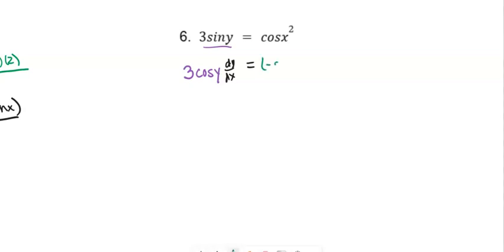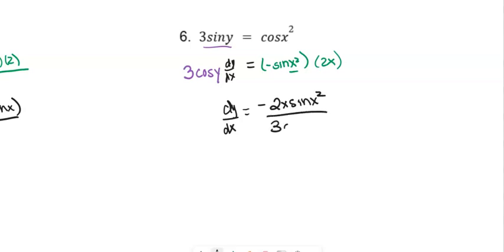Derivative of cos is negative sine x squared, and derivative of x squared is 2x. I want my final answer to be the derivative of y in regards to x. So I rearrange for that.